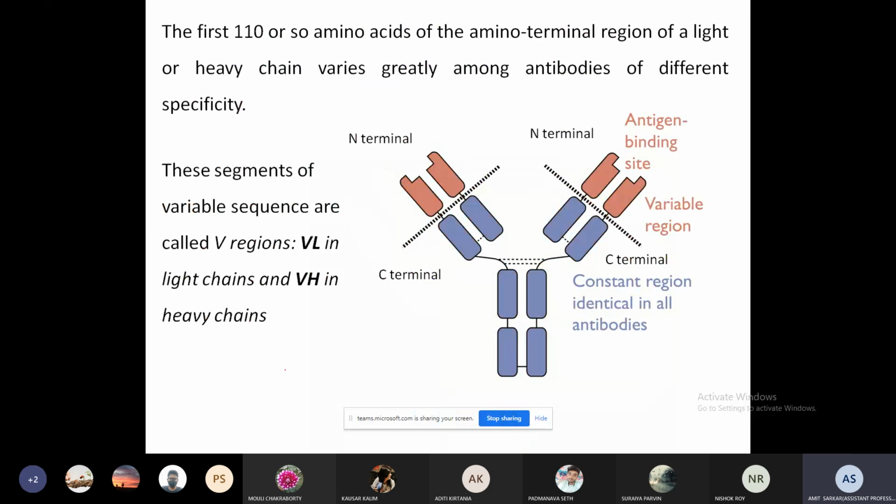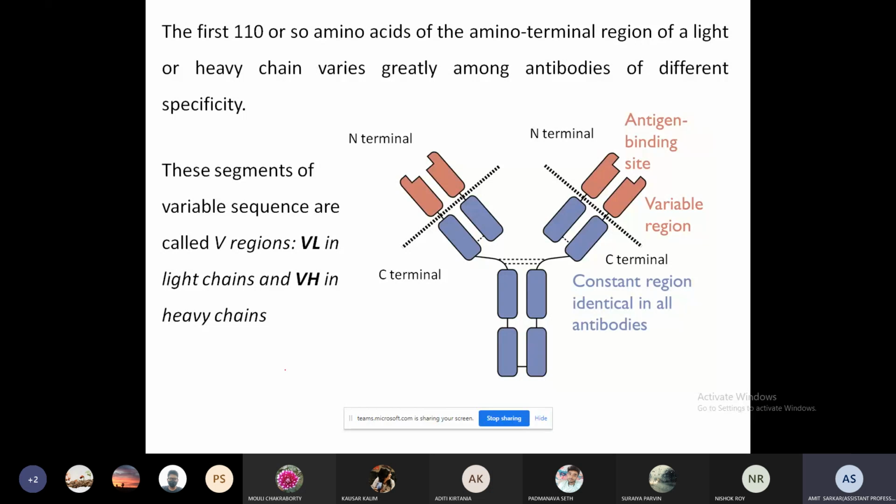Now, the entire chain doesn't behave in a similar way. We can divide it into 2 parts. One is the variable region, another is the constant region. Variable region means the region which varies from one antibody to another. And where is it found?